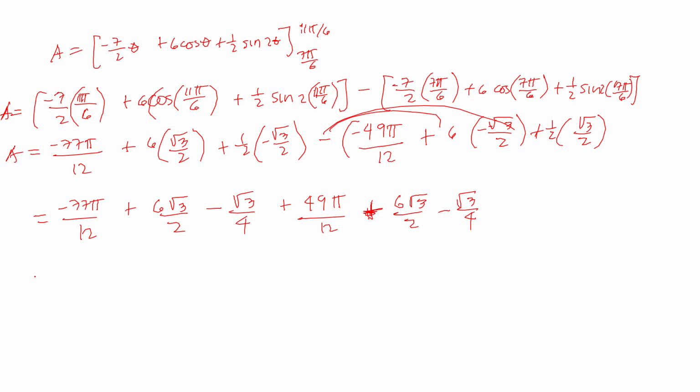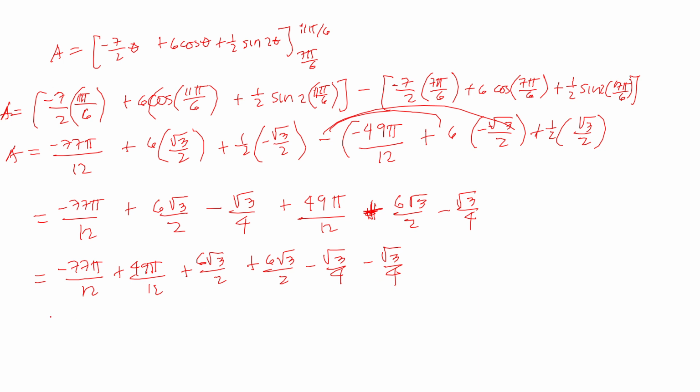Okay, so we have to simplify. So negative 77 pi over 12 plus 49 pi over 12 plus 6 square root of 3 over 2 plus 6 square root of 3 over 2 minus square root of 3 over 4 minus square root of 3 over 4.